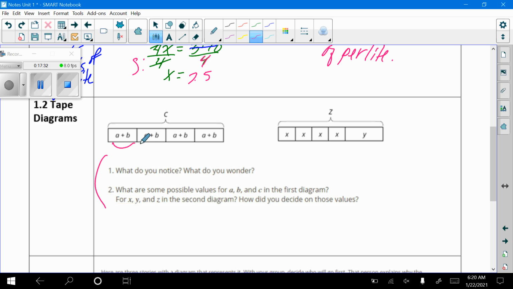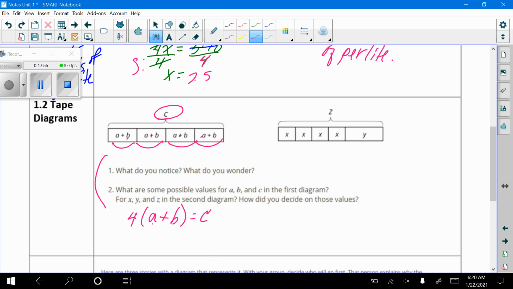Basically, each of these boxes are being added to each other. So I could say a plus b plus a plus, putting a plus in between each one, equaling, and then this is my total. Another way of writing this, I could say is 4, because I have 1, 2, 3, 4 boxes of the exact same thing, equaling my total. From there, you can plug in some numbers.